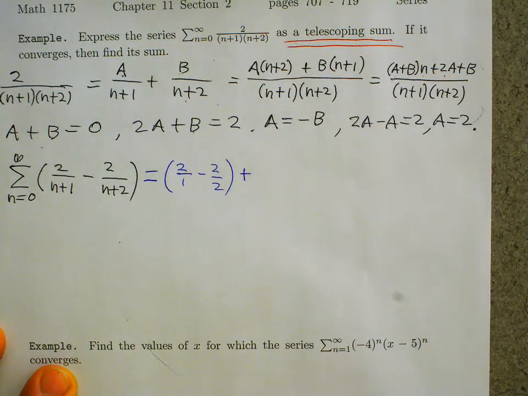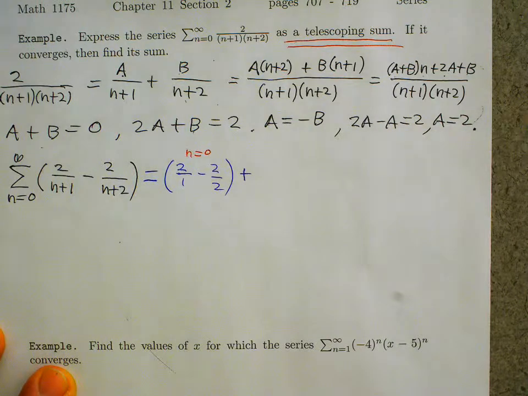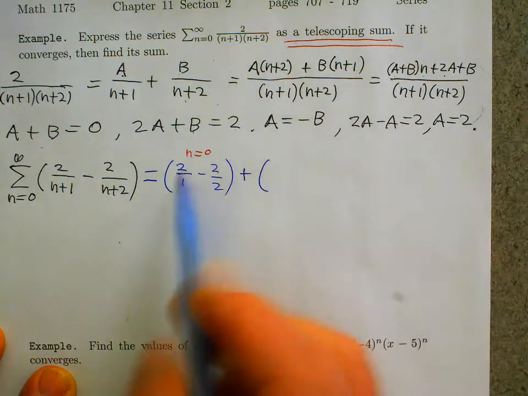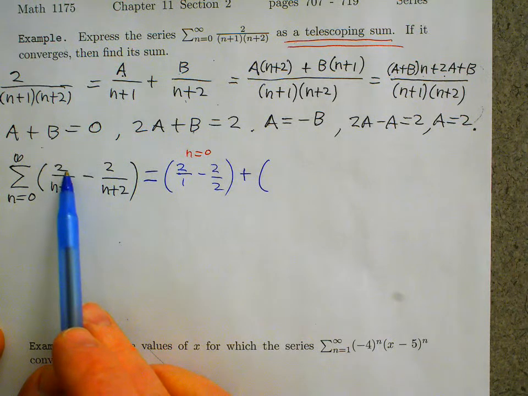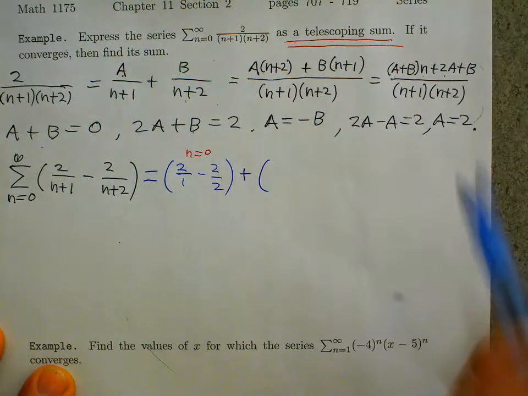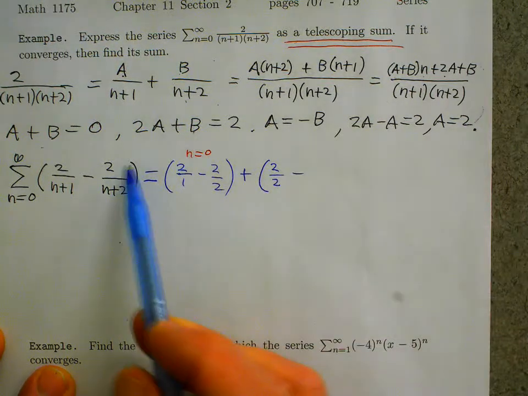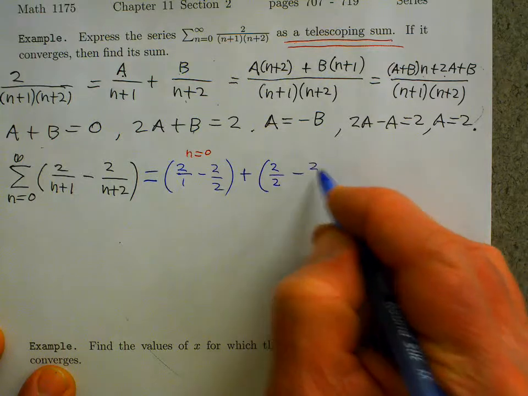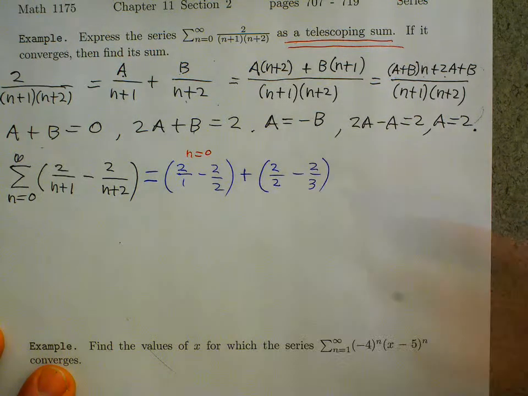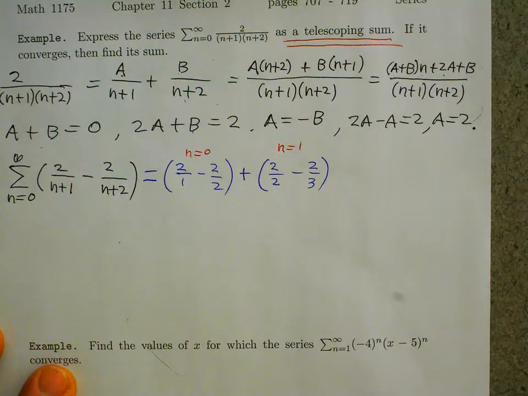So this is when n is 0. And then we add the next term when n is 1. When n is 1, this is 2 over 2, and then minus 2 over 3. So this is when n equals 1.